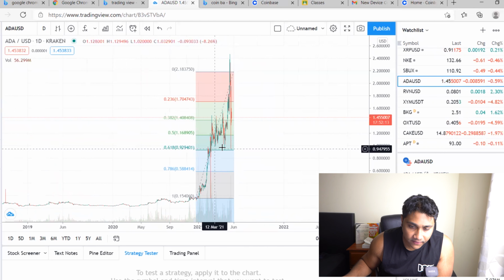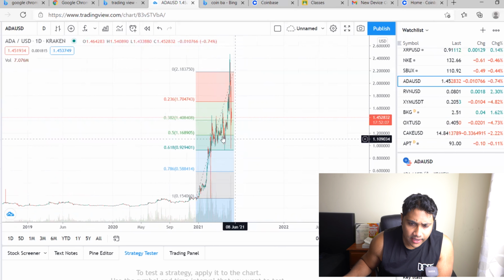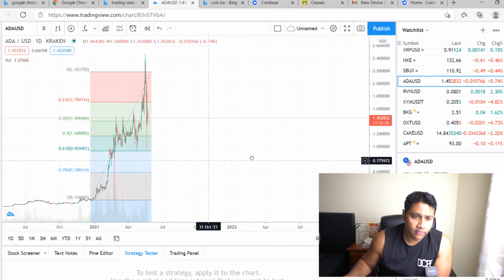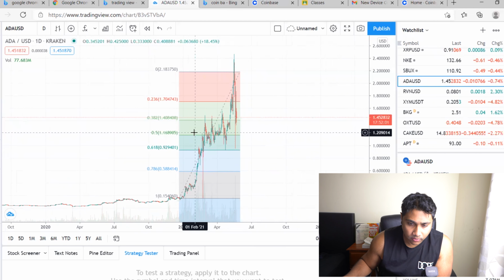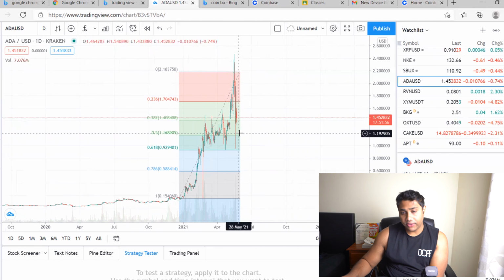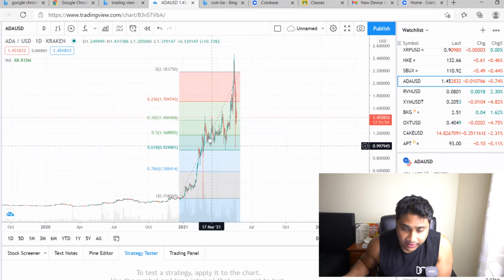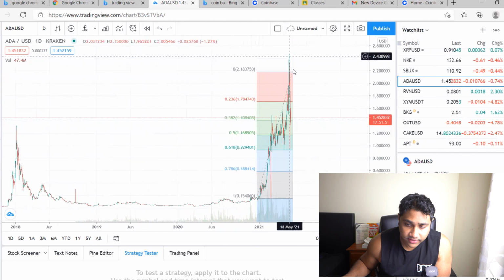But as you can see, this 0.5 has a huge support line over here. Look at the accumulation over here. We're in the daily charts, and as you can see, it has gone sideways for about 4 months. ADA only took off recently. Until then, it went sideways. So if you had gotten in here, rest in peace.